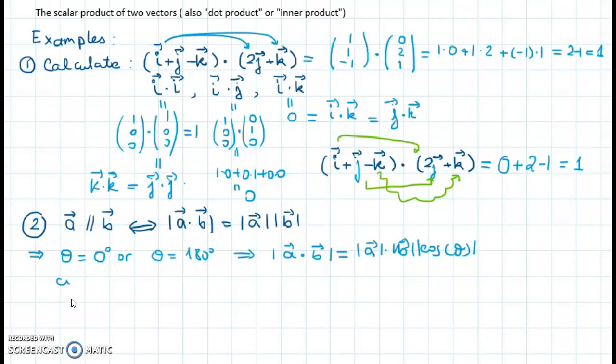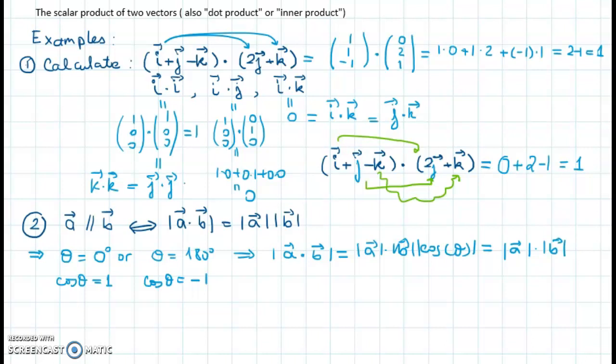But the cosine of theta is either 1 when theta is 0, or negative 1 when theta is 180 degrees. In both cases, the absolute value is 1. So we have that this is the product of the lengths.